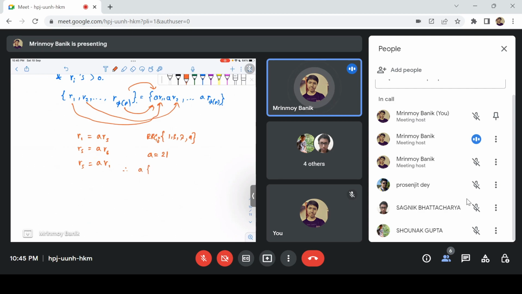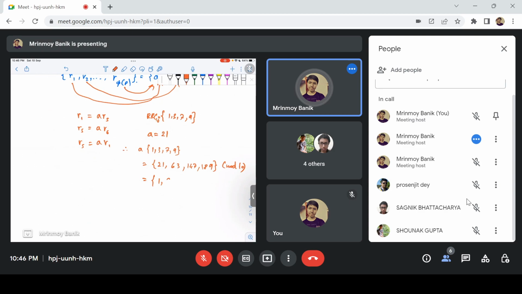So what is A times that set? So 21 times that set, and there's mod p, of course, lingering in the back. So mod 10. Mod 10 is just the same as taking the remainders. So it's 1379 again.